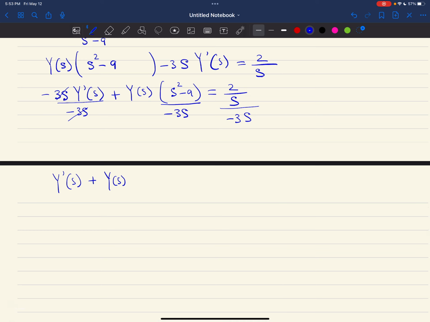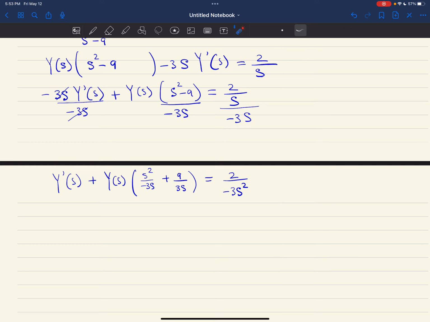You will get something like s squared over negative 3s, and then plus 9 over 3s, equals 2 over s times this, which should be negative 3s squared.